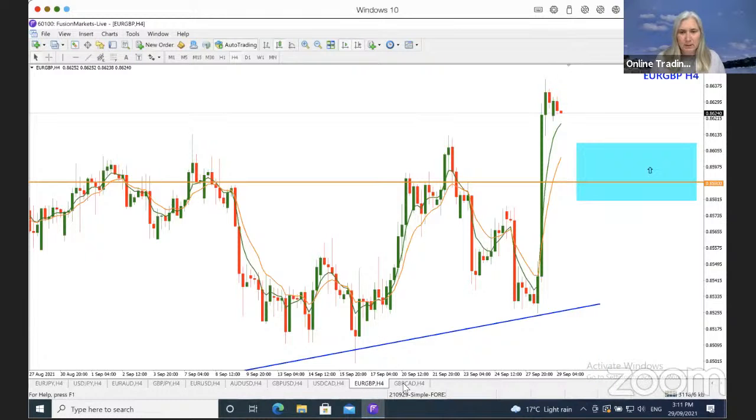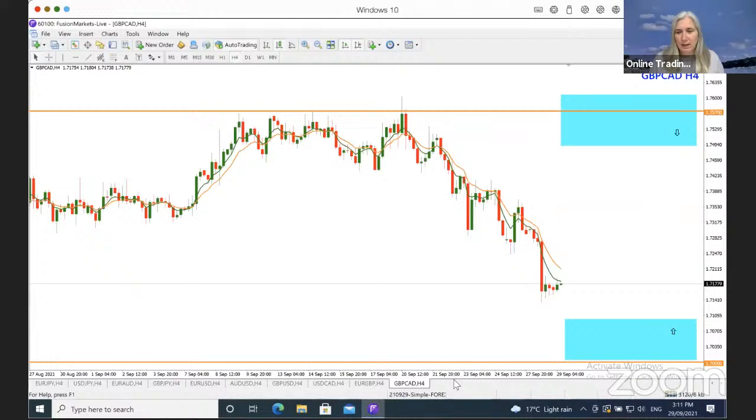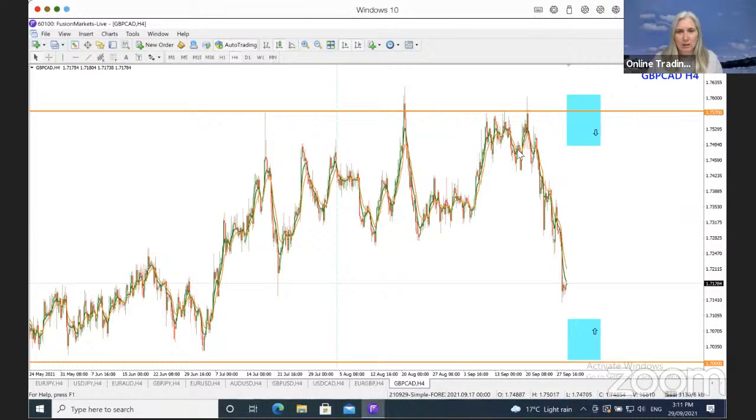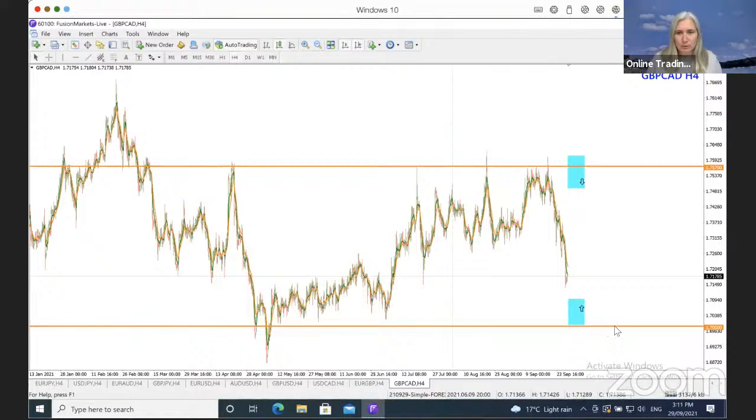And the last currency pair I'm going to have a look at is GBP CAD. GBP CAD at the moment is ranging, so I'm looking for some opportunity to go back up. I would prefer if it pulled back further down to the bottom of the range and then look for long.